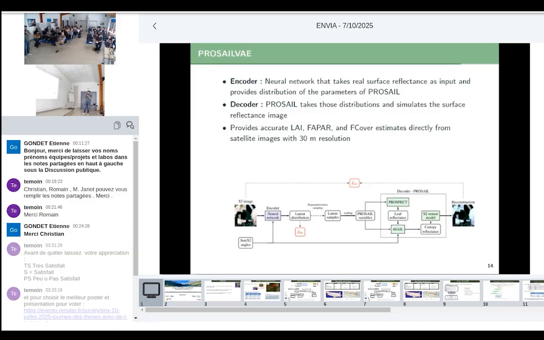The decoder that we use here is a physical model that takes parameters like LAI, water content, etc., and simulates the surface reflectance. So the encoder takes the original reflectance and provides a distribution of the PROSAIL parameters in the latent space, and PROSAIL takes these parameters, or this distribution, and provides the simulated reflectance.